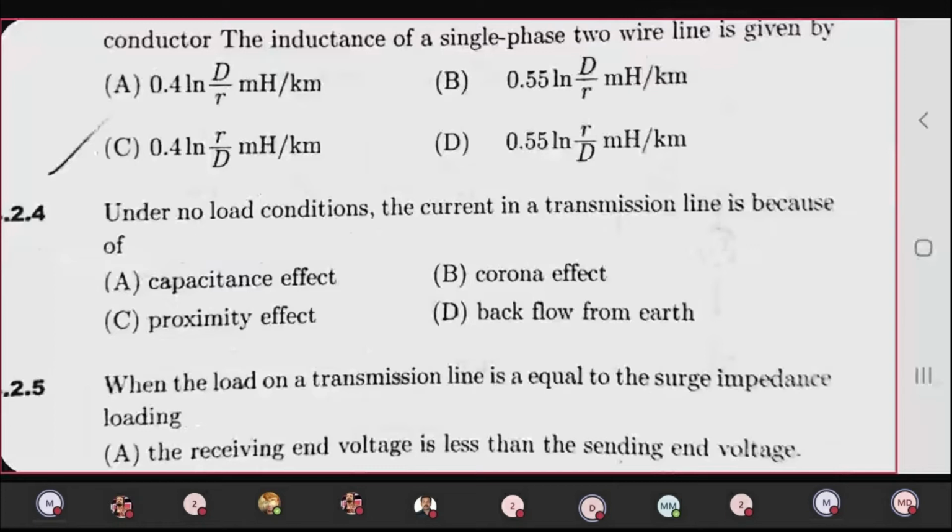So under no load, the current in the transmission line is because of which effect? Any guesses for this answer?